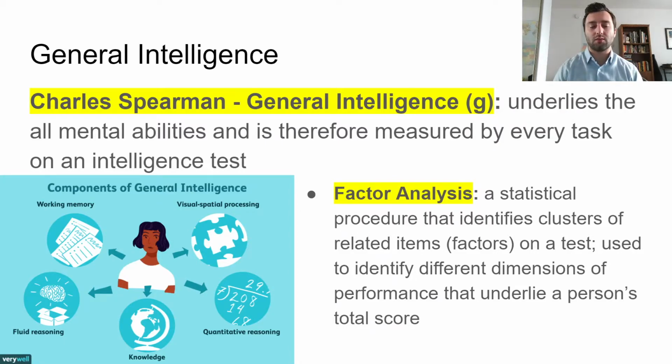One of the biggest things that we can see this in is what is called factor analysis, which I believe we talked about a little bit at the very beginning of class when we were talking about research methods. Factor analysis is a statistical procedure where we're looking at clusters of related items, or what are called factors.